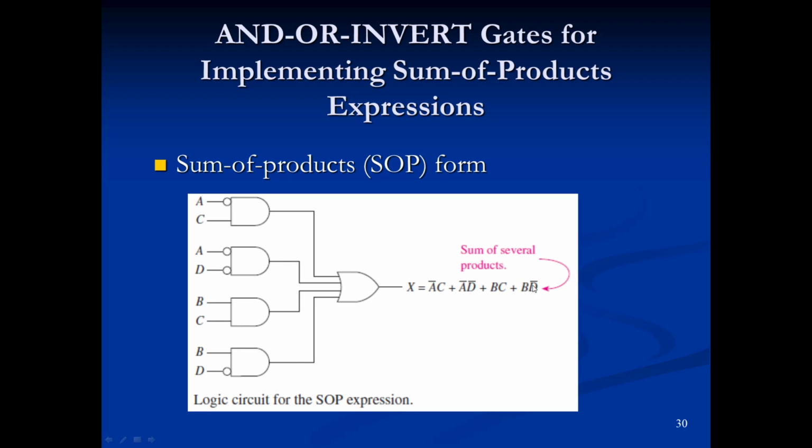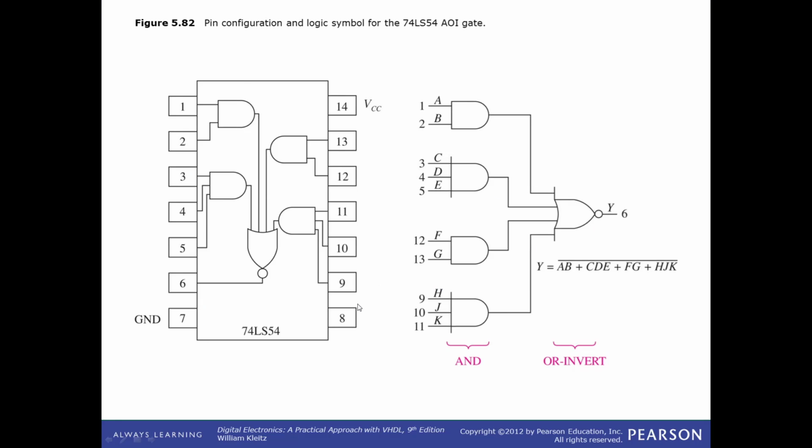And then because all of those individual terms are summed together, we can think of them as all going to a single OR gate. So here's an example 74LS54 AOI chip, the AND-OR inverter chip. We have a bunch of ANDs going to a NOR.